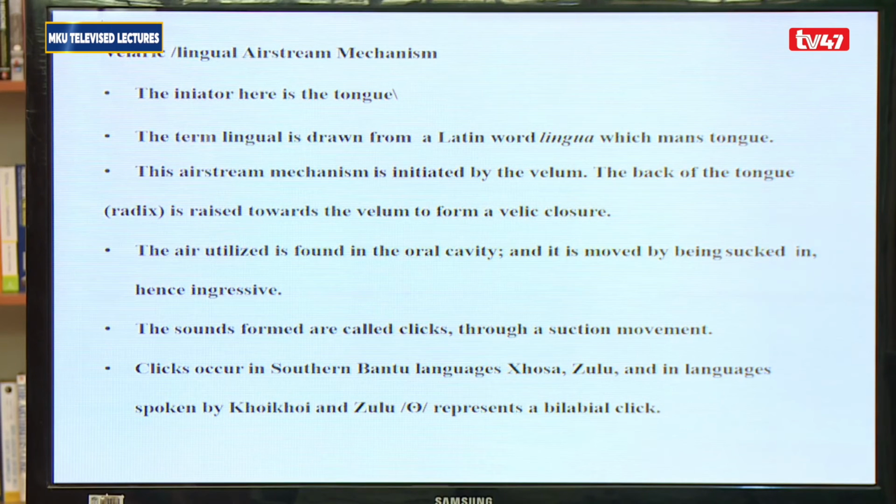Now, velaric sounds are not common in English, but they are common in the Xhosa language, Zulu, the Khoikhoi, the Bushman's language. Most of these are found in the southern part of Africa, but we don't have this in English.